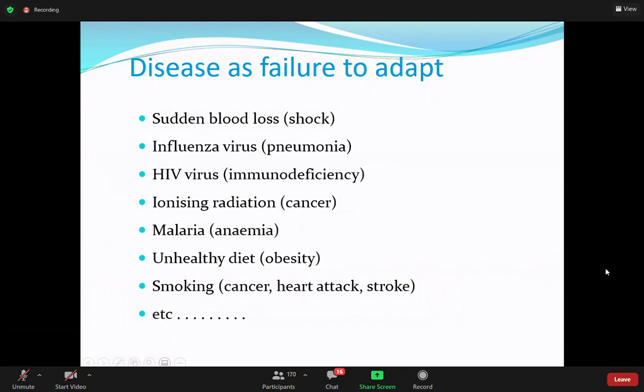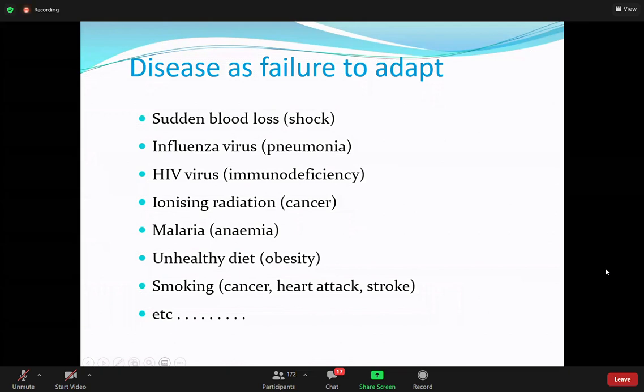But if you have an excessive amount of virulent viruses, that will cause pneumonia. Exactly like HIV: a mild amount of virus in the body may not do anything wrong, but a heavy load of viruses inside may cause immune deficiency, or AIDS.